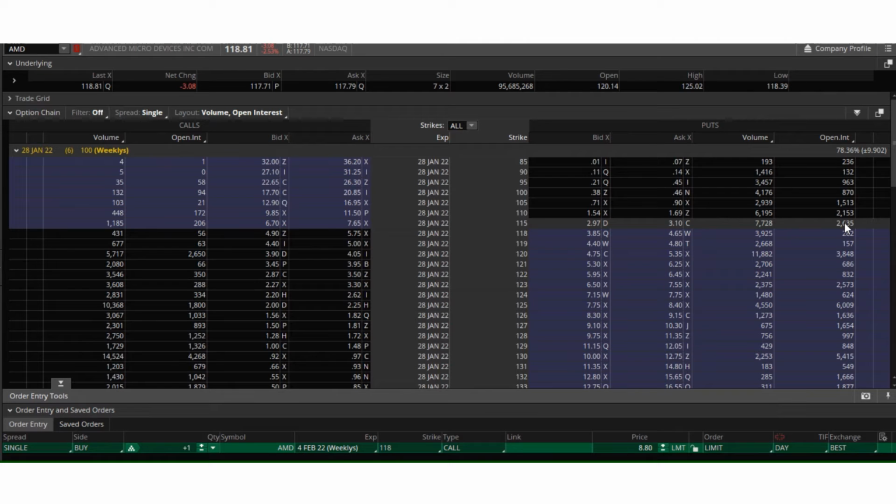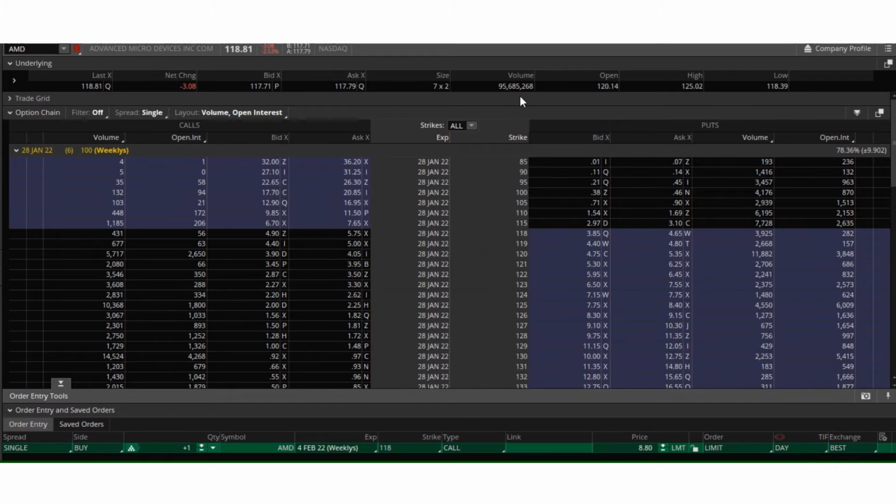So that might say that maybe more traders feel that the stock is going to be going down. So there are more trades in here for put trades. That doesn't mean that's what's going to happen in the market, but that's what people feel as they look at the chart.